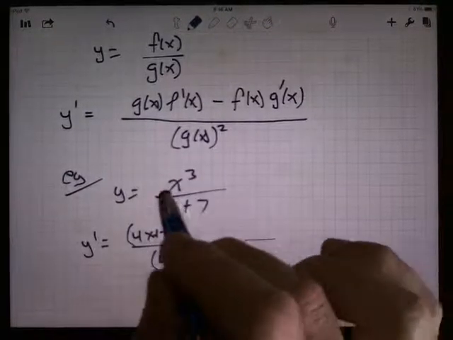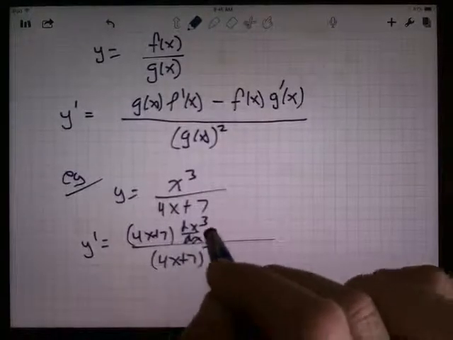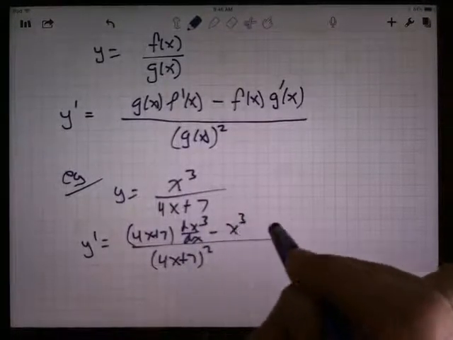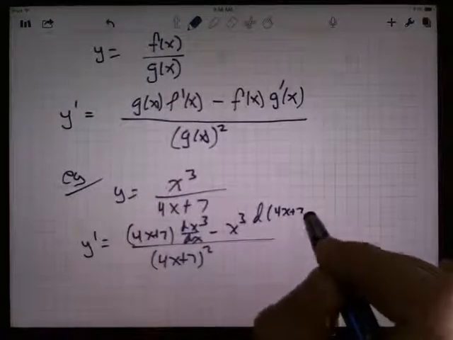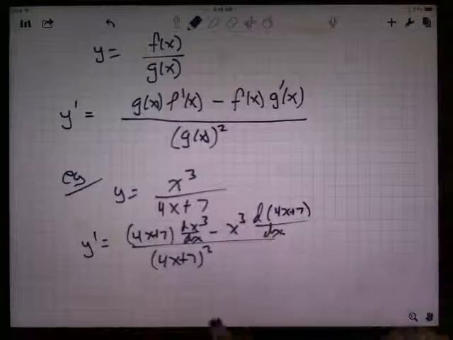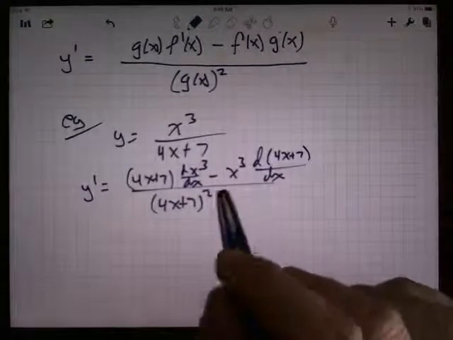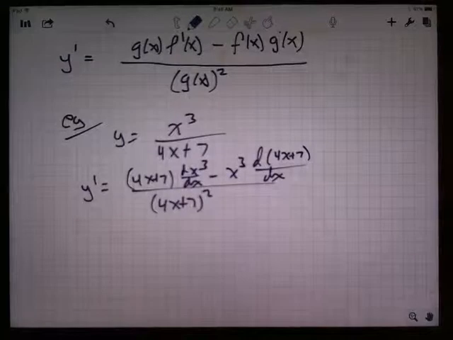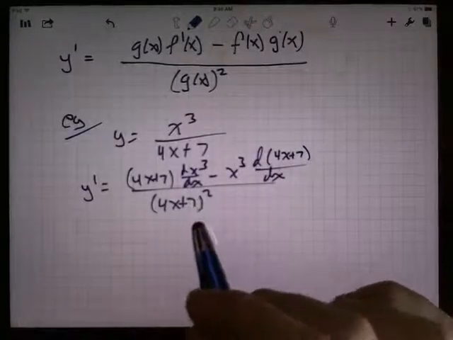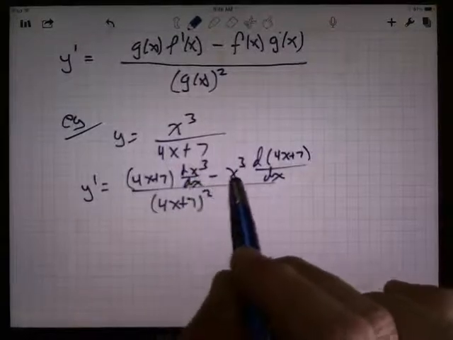That's going to be multiplied by the derivative of the top, so the derivative of x cubed, minus the top times the derivative of the bottom. And I'm writing more than I normally would write just because this is the first example, and I don't want to do too much at once. Just take it step by step. Later on, I'll do these derivatives on the fly, but for now, let's just focus on the fact that we did the quotient rule. Bottom squared, bottom times the derivative of the top, minus top times the derivative of the bottom.